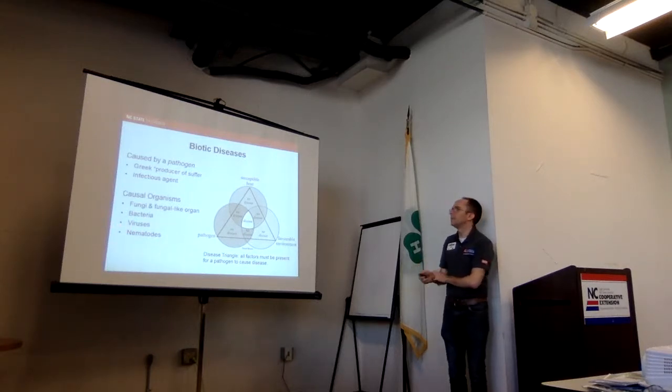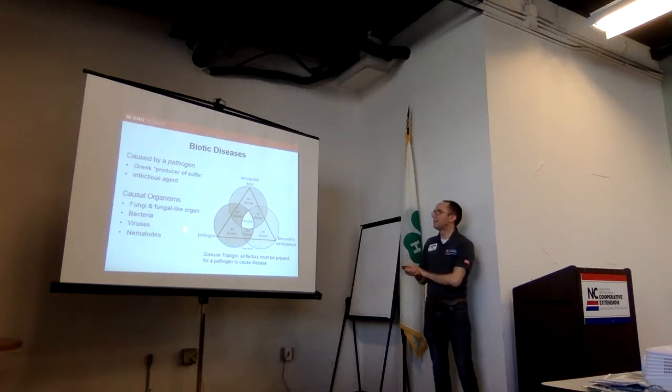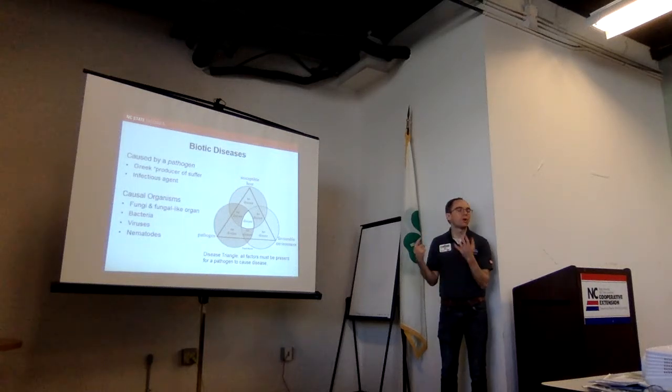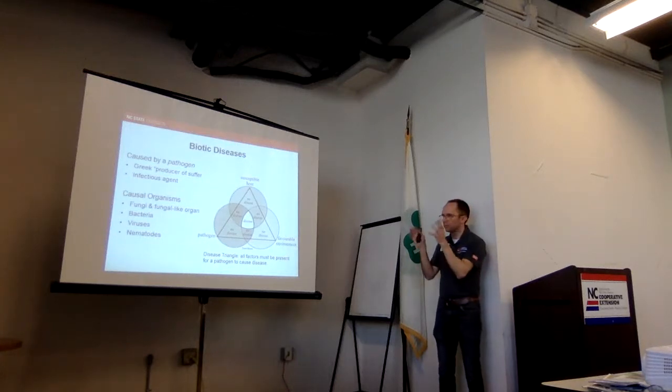But a disease requires three components, and this is described as a disease triangle. This is the diagram that most people reference. And just like with a triangle, if any part of the triangle is removed, the triangle collapses.